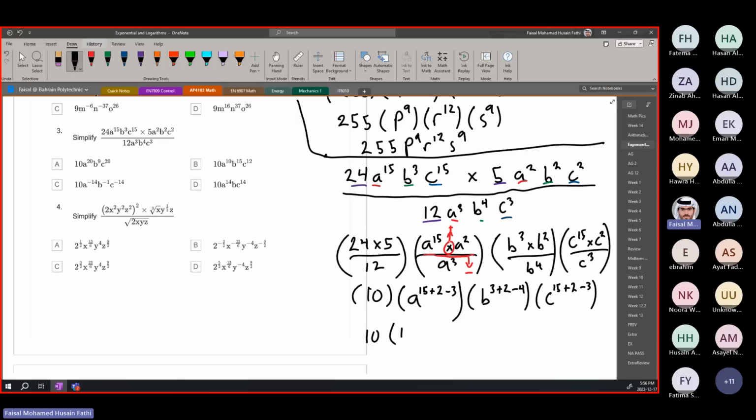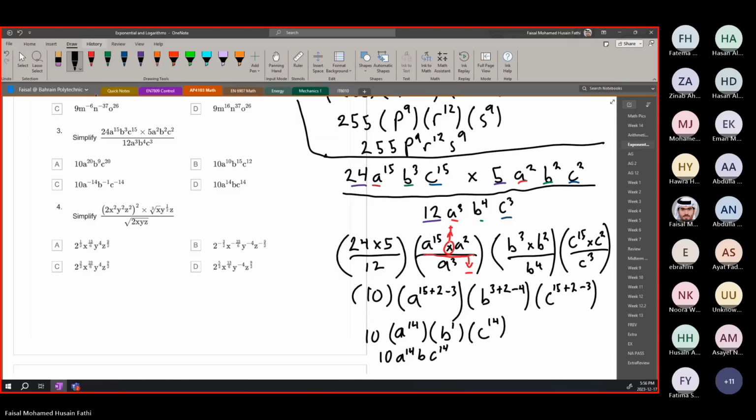So A to the power of 14. B to the power of 3 plus 2 is 5, minus 4, that's 1. So just B. And C to the power of 15 plus 2, that's 17, minus 3, that's 14. And that's it. So our final answer is 10, A 14, B, C 14.